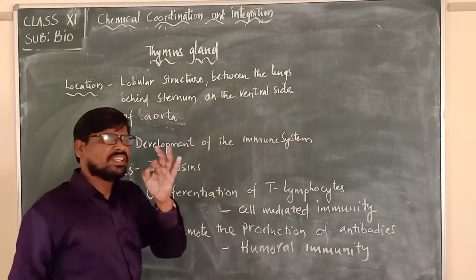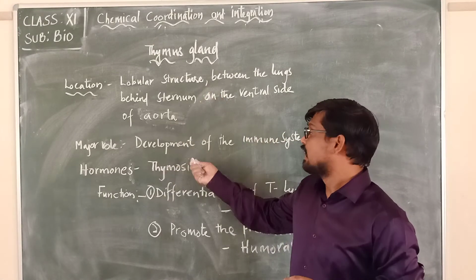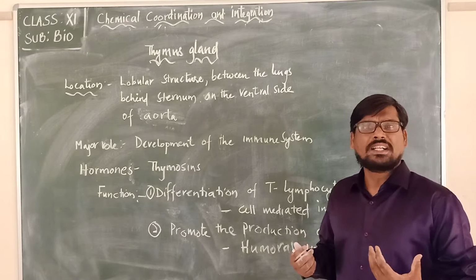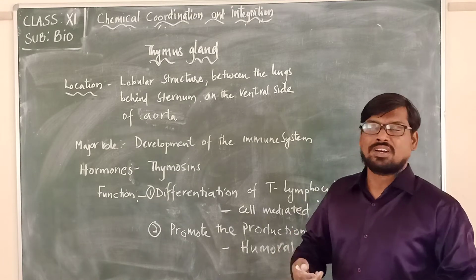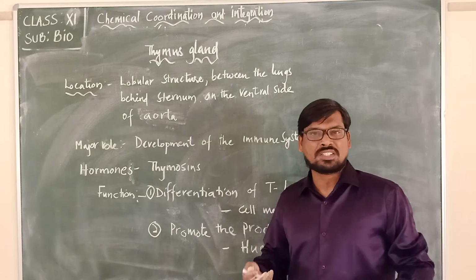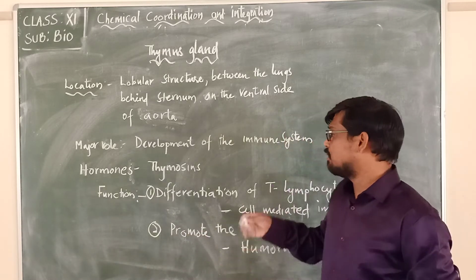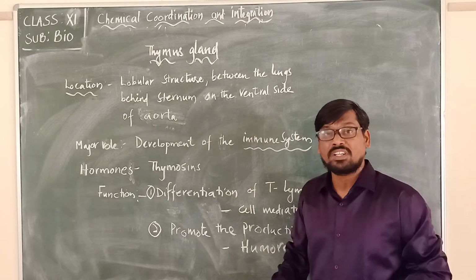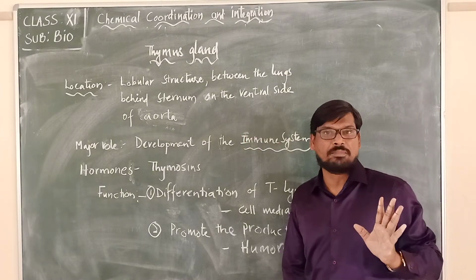Now, the major role that it performs is that it helps in the development of the immune system. Apart from the nervous system, digestive system, excretory system and circulatory system, there is one major important system in our body, the immune system.